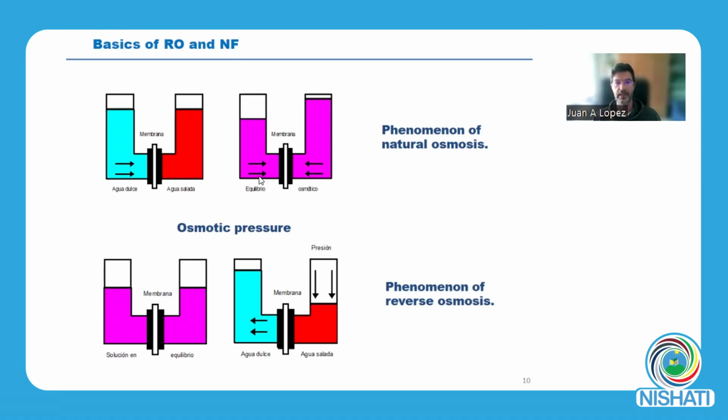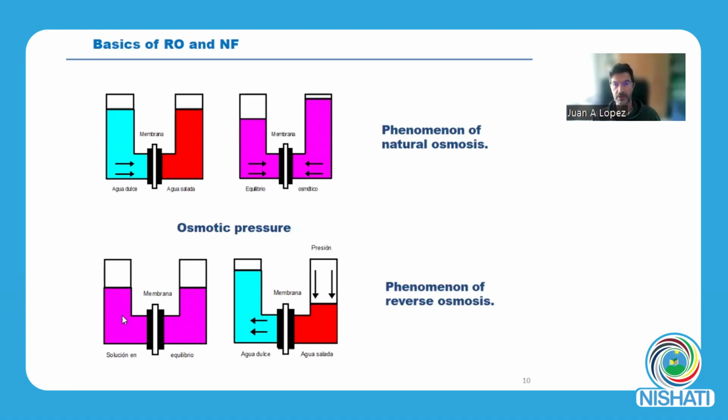This difference of height is called osmotic pressure. It depends on the salt content. So this is the natural phenomenon.